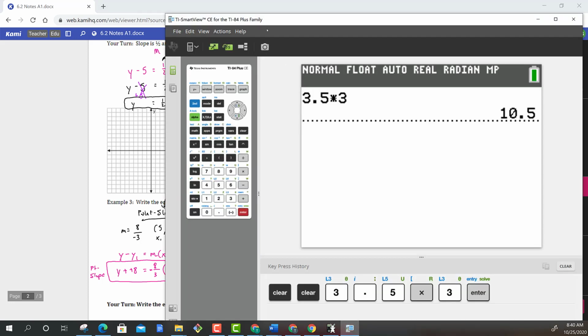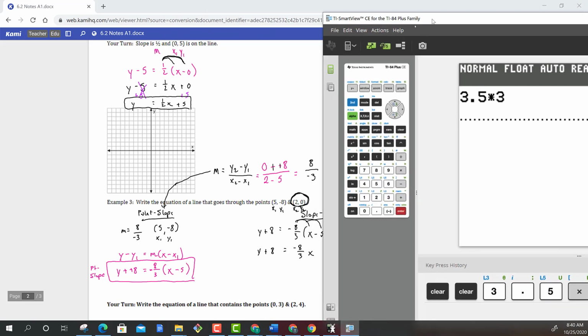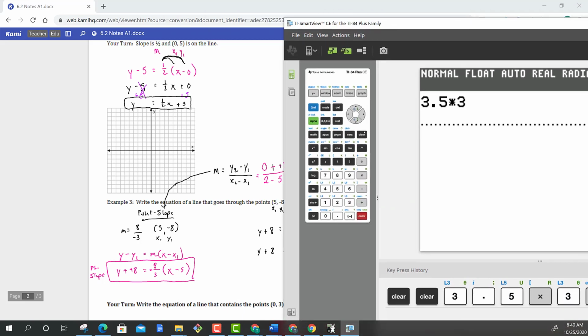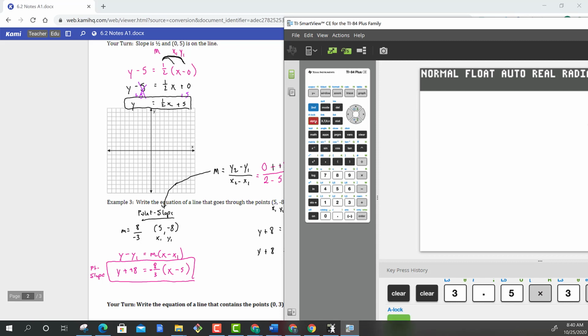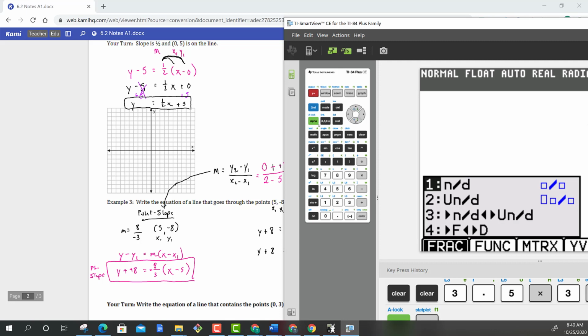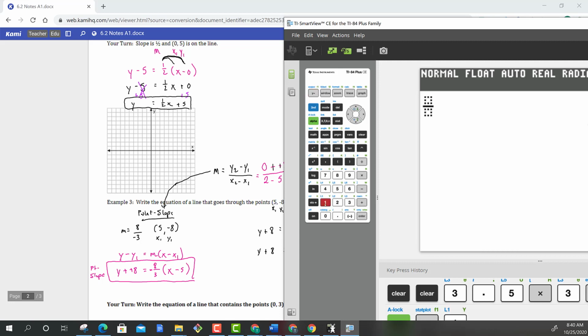If you struggle with fractions, we need to multiply -8/3 times -5. So go to your graphing calculator, hit alpha, y equals number 1. Alpha, y equals number 1, and you get this fancy fraction.